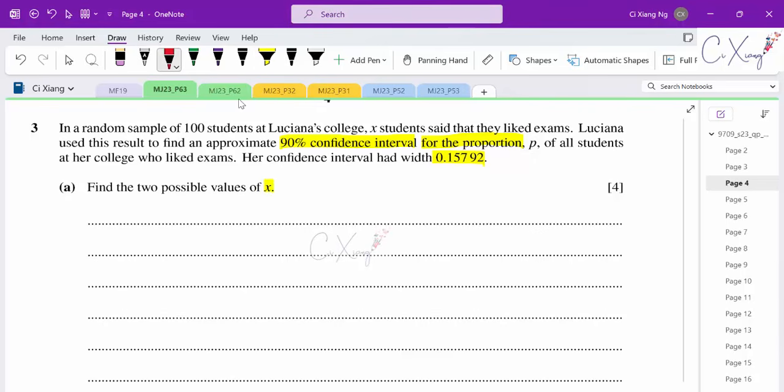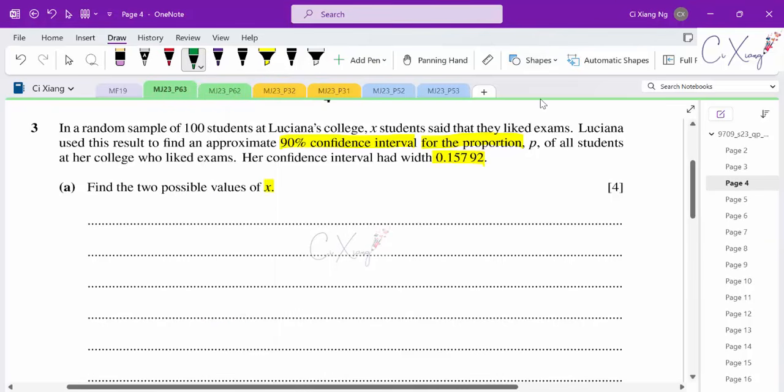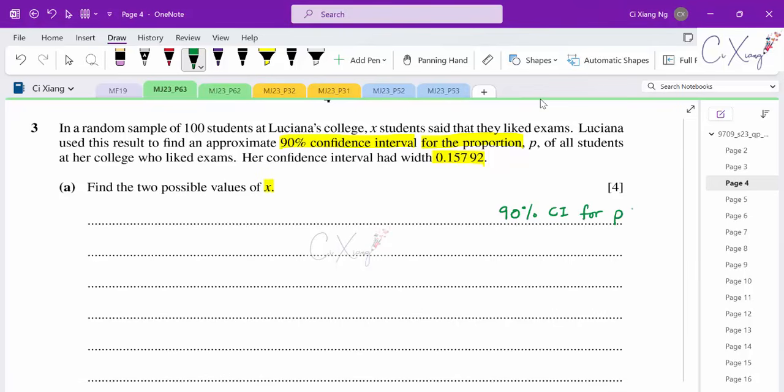Before we find the answer, let us have a look at the details of the 90% confidence level first. For a 90% confidence level for proportion P, the lower limit is P minus Z square root PQ over N, and the upper limit is P plus Z square root PQ over N. If they are talking about the width here, highlight the keyword width.